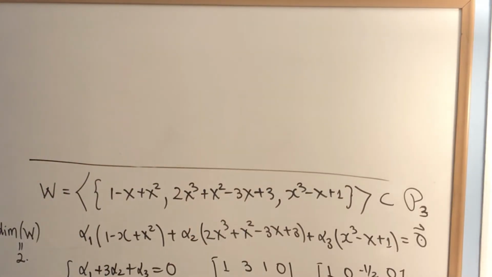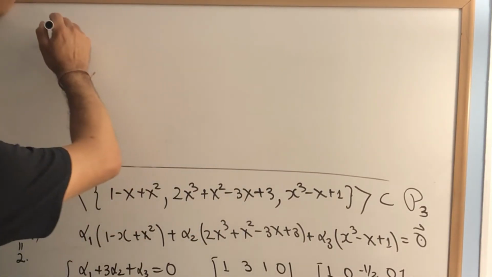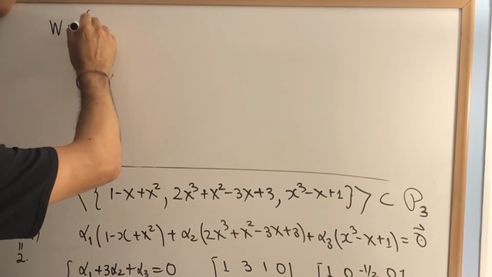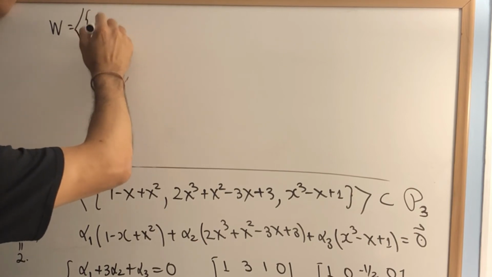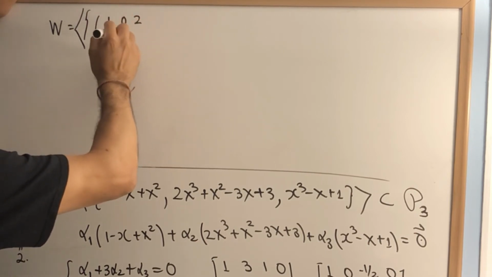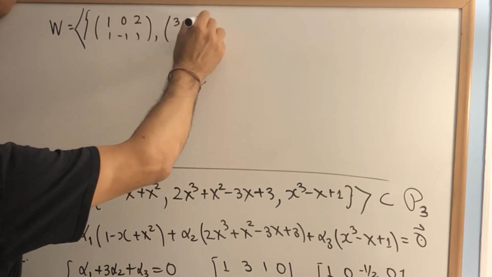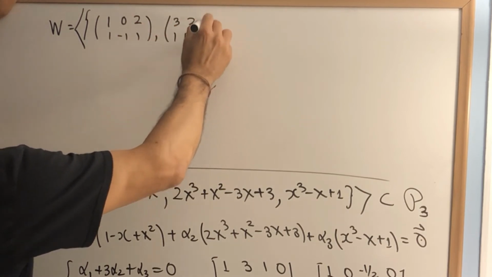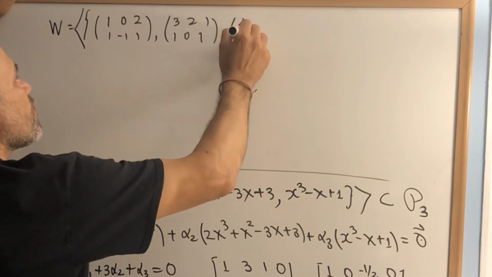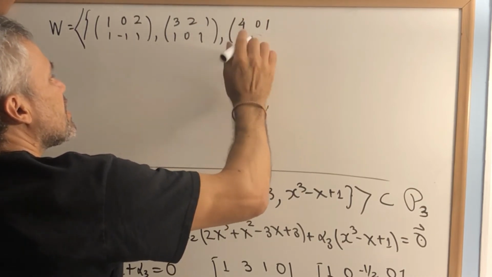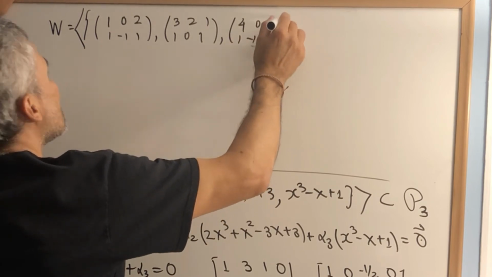We can also do the same trick for matrices. If we have W as the span of these matrices 1, 2, 0, 2, 1, negative 1, 1, 3, 2, 1, 1, 0, 1, and 4, 0, 1, 1, negative 1, 2.